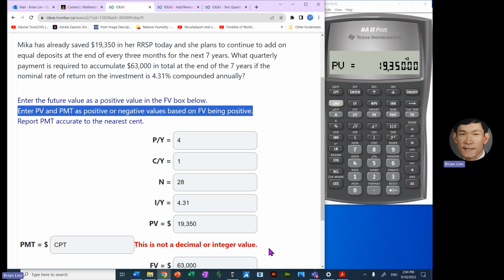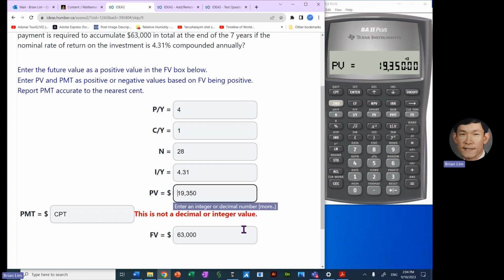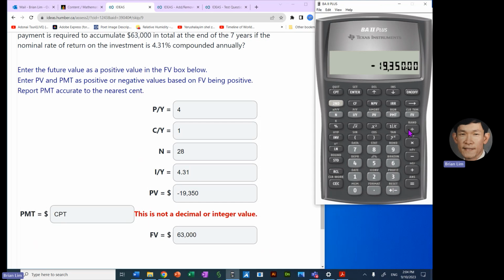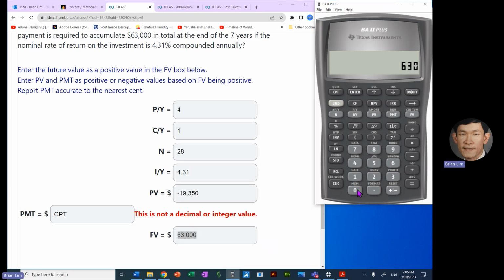The future value is positive here, so the present value has to be negative. Let's change that to negative and enter it for the present value. The future value is $63,000, so 63000 future value, and then we compute the payment.